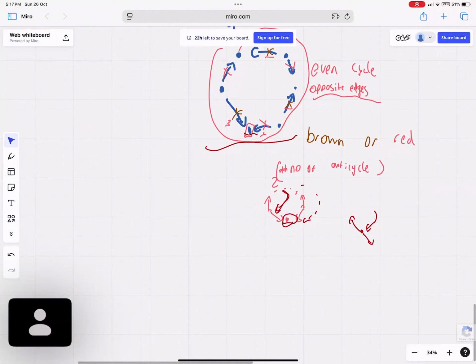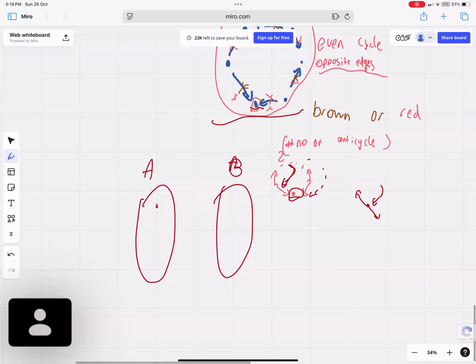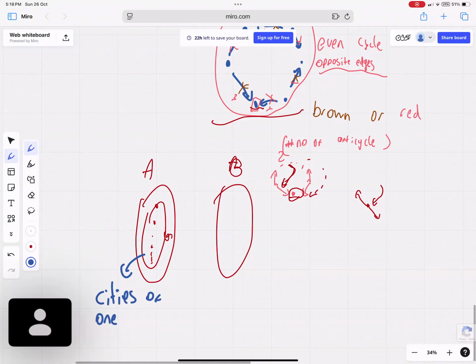Okay, so what we do is we construct a bipartite graph, one vertex set A, one vertex set B. The vertices of A are the cities of Onvania. Okay, so each of these dots are cities of Onvania.